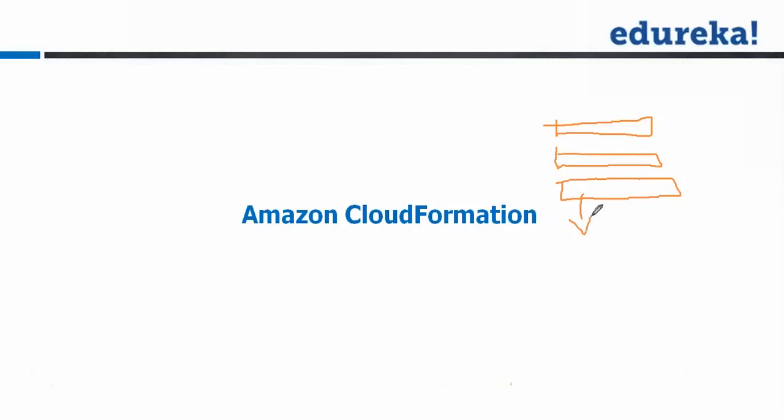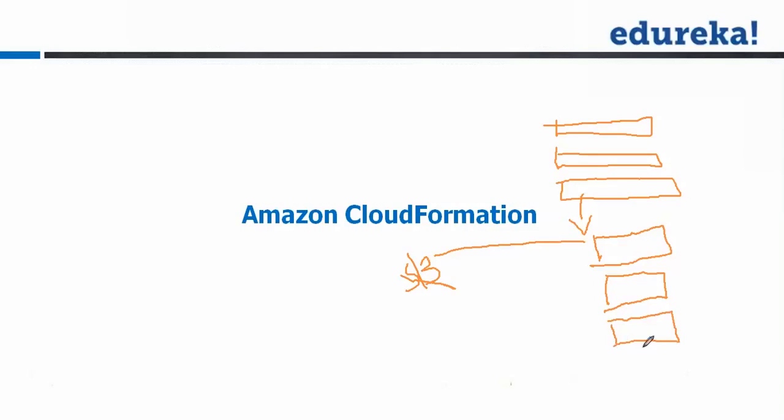After creating this, it will install Apache, then install MySQL, then install anything else if required, and then it will get the code from S3 and deploy it in your web server, Apache, PHP or anything.